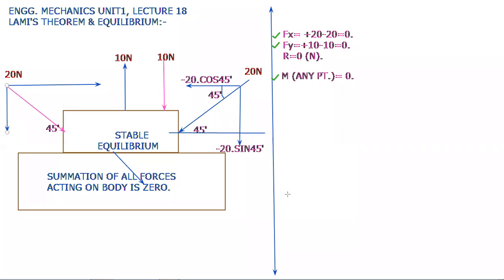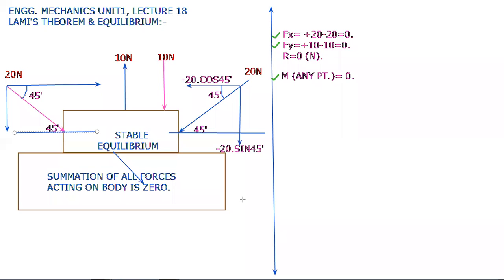Okay, so for horizontal, you have to write what the angle is, and that angle, by the property of opposite angles, is also 45 degree. Therefore you have to resolve these forces also.